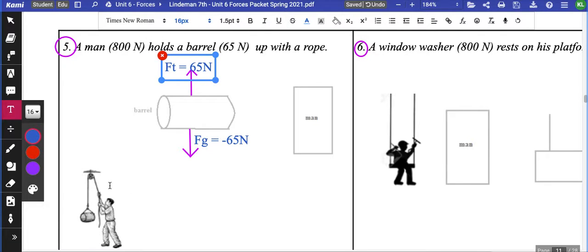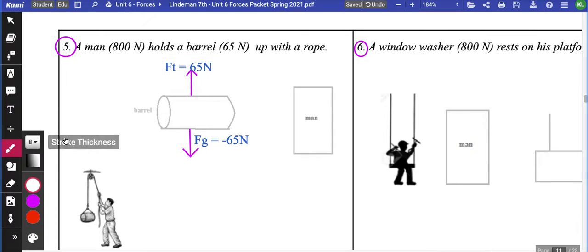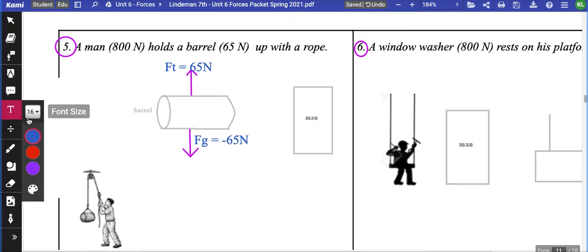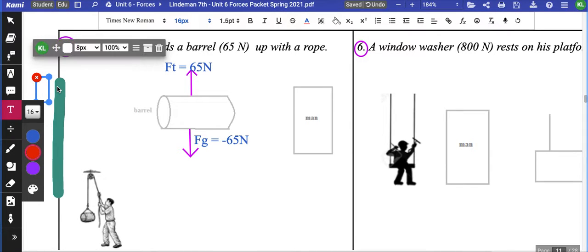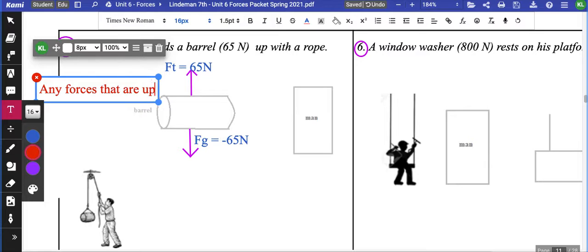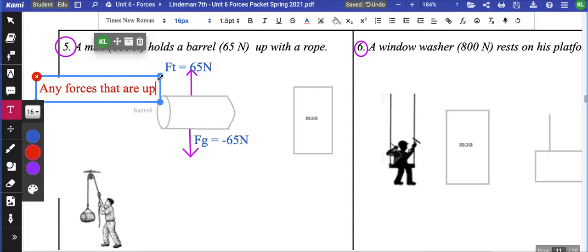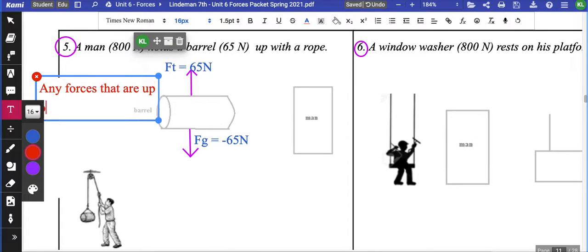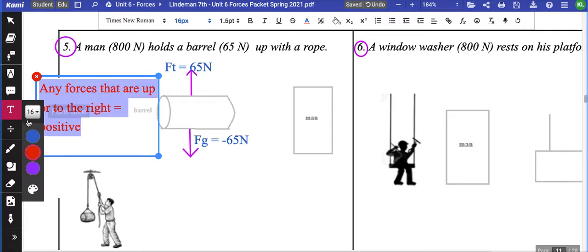Okay, so remember, any forces, I'm just going to erase this really quickly. The typeface is just so large.